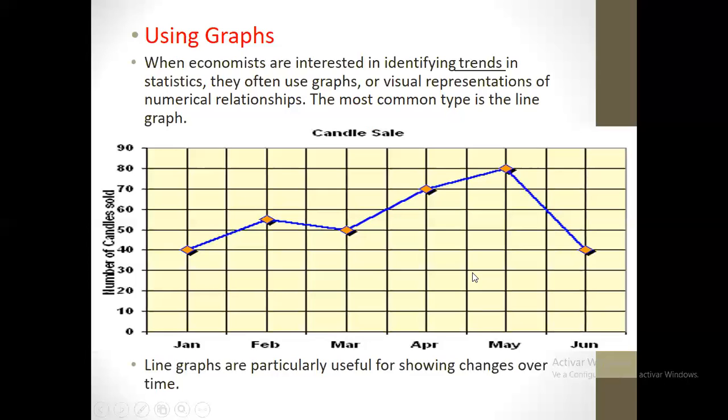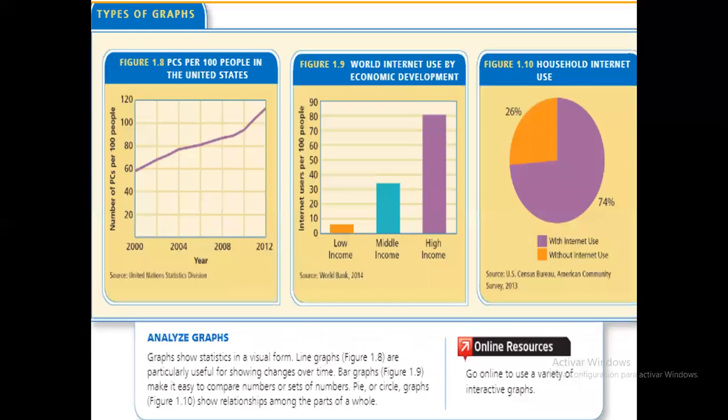Okay, this chart. Now there are other types of charts, like this one over here. This one is a line graphic. This is a bar graphic. I think you have studied this in math or statistics. Line graphic, bar graphic, and this is a pie or circle graphic.